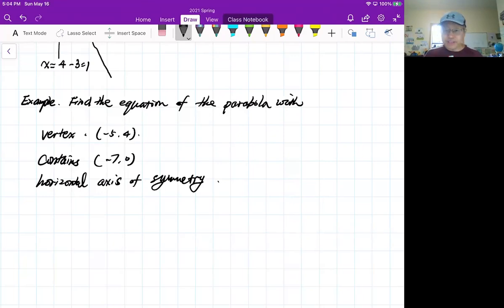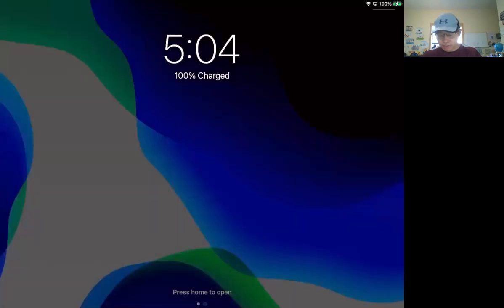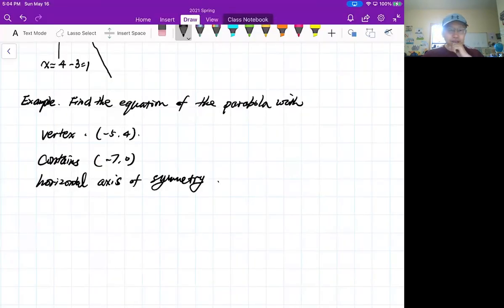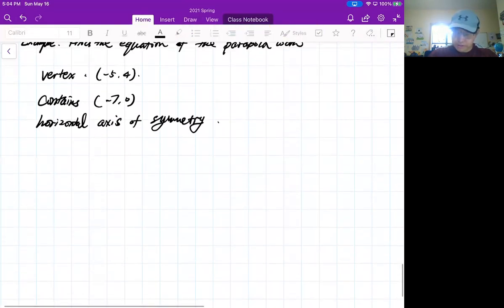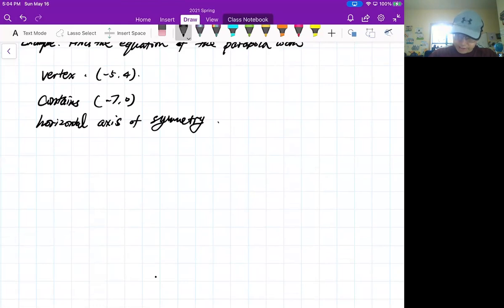Let's see how we can do this. First of all, draw the picture, right? Draw the picture first. The vertex is (-5, 4). So I'm going to have the vertex here somewhere, right? (-5, 4) here.